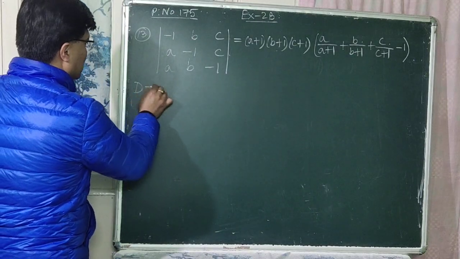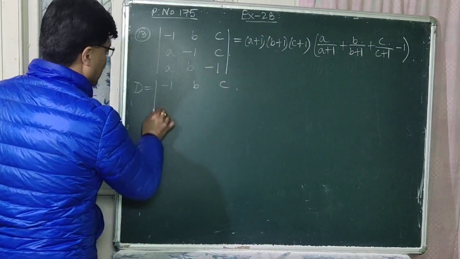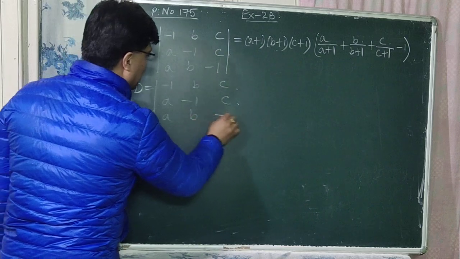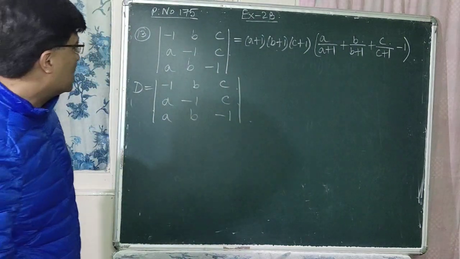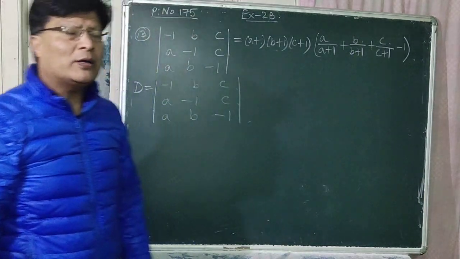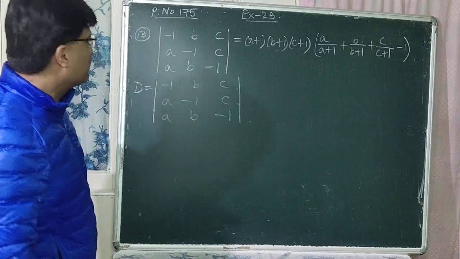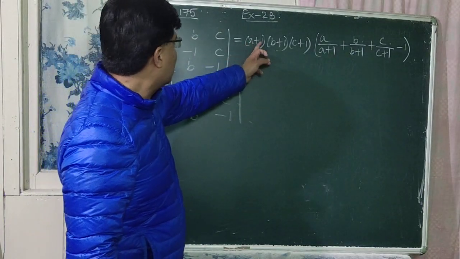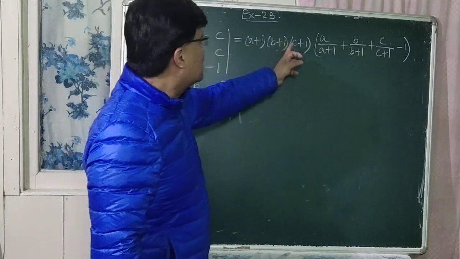So D is equal to, let us write on the left hand side, minus 1 BC, A minus 1 C, AB minus 1. Right? So now, what will you do here now? So now we have to get A plus 1, then B plus 1, then C plus 1.